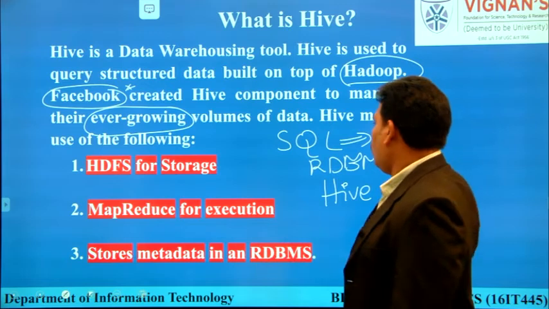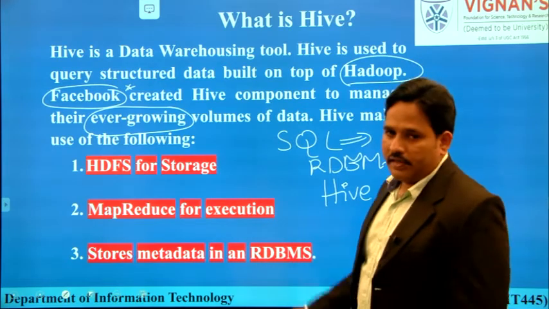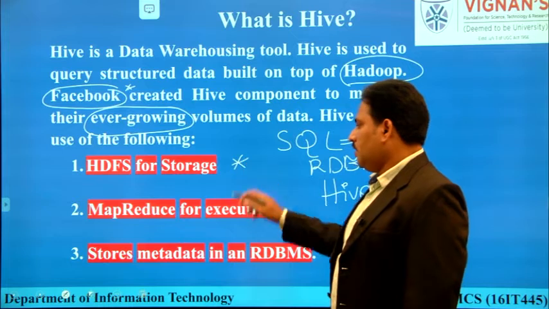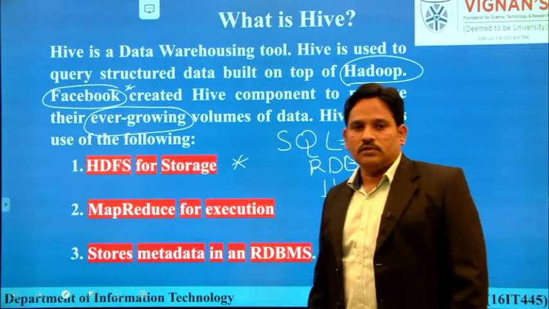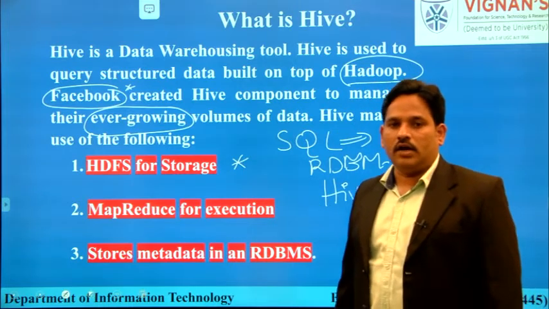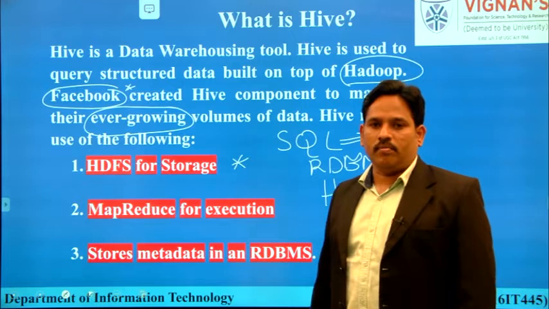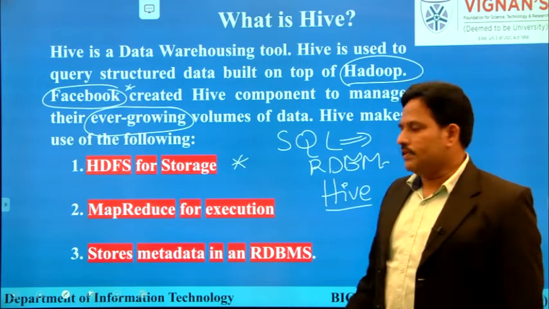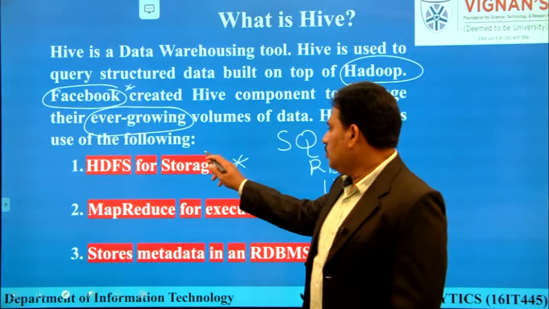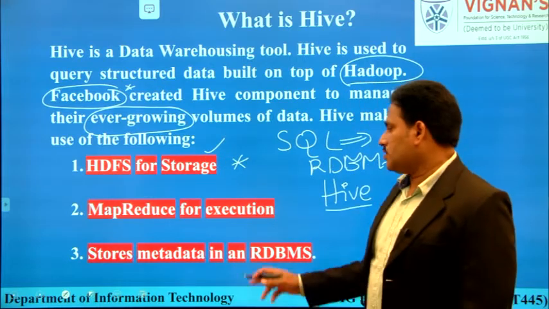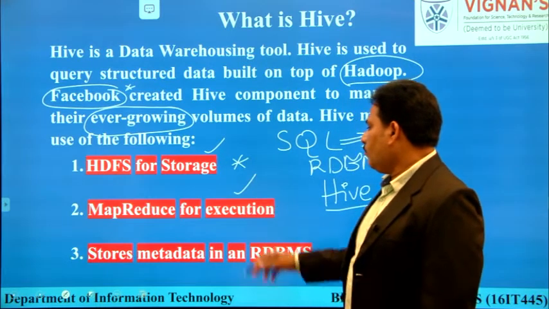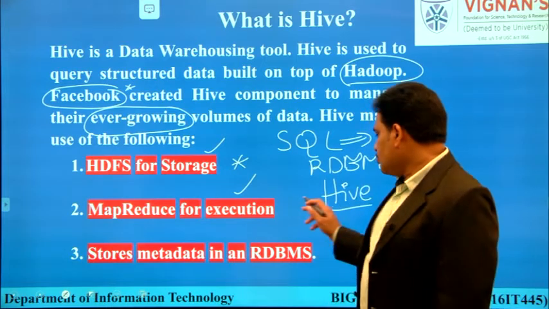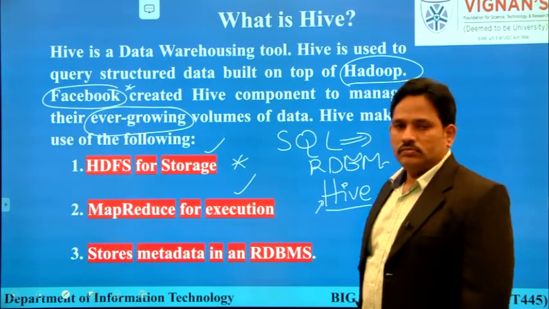Hive offers the following activities. Hive is used with HDFS for storage. That means to store the data in Hadoop Distributed File System format, we can use Hive. That means Hive is used for storage activity. Next, we can perform basic MapReduce operations using Hive.